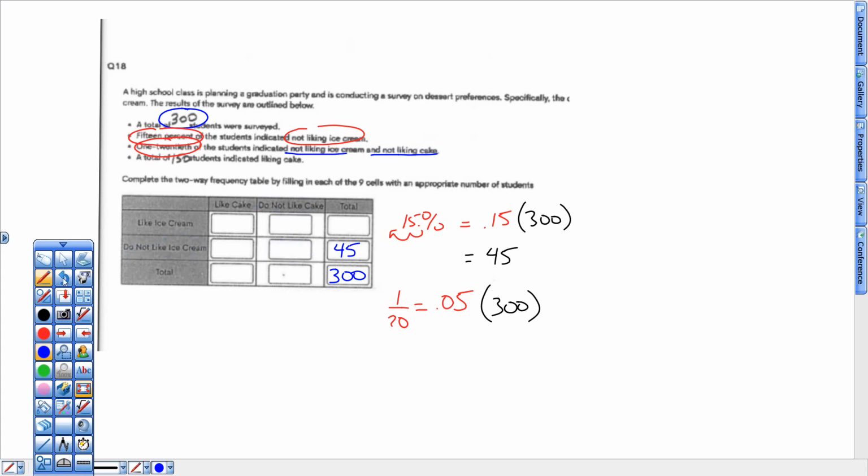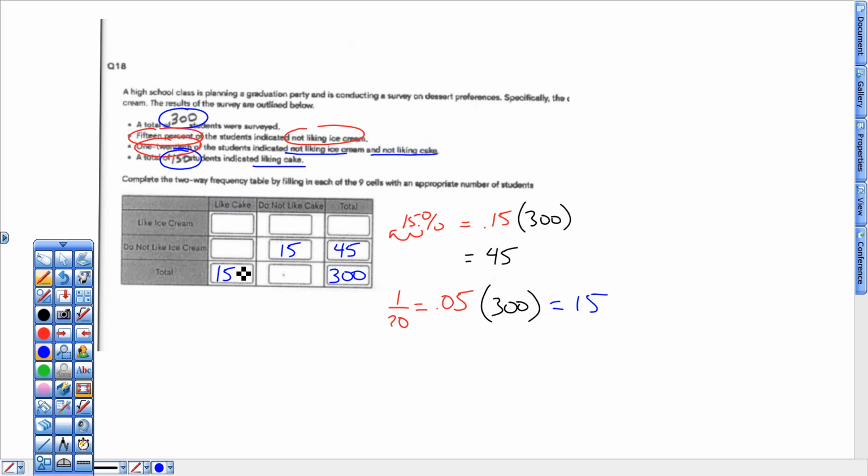So if I do that, 0.05 times 300, that gives me 15. That number goes right here. And then I have the last one, a total of 150 indicated liking cake. So the total for liking cake goes right here. So the total students who like cake is 150.